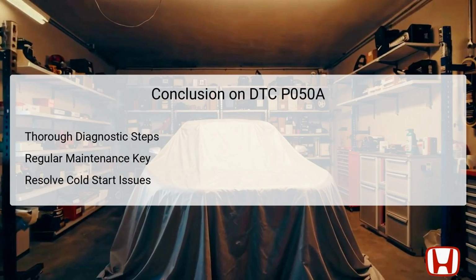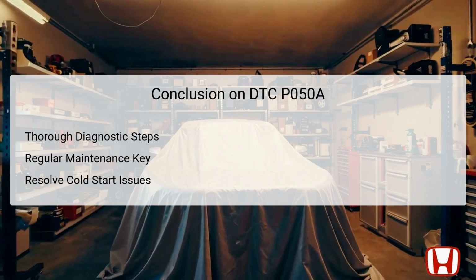In conclusion, accurate diagnosis and repair of DTC P050A are vital for maintaining the performance of the Honda CRV from 2017 to 2022. Following the detailed troubleshooting steps can help pinpoint the root cause of cold start idle air control system problems.